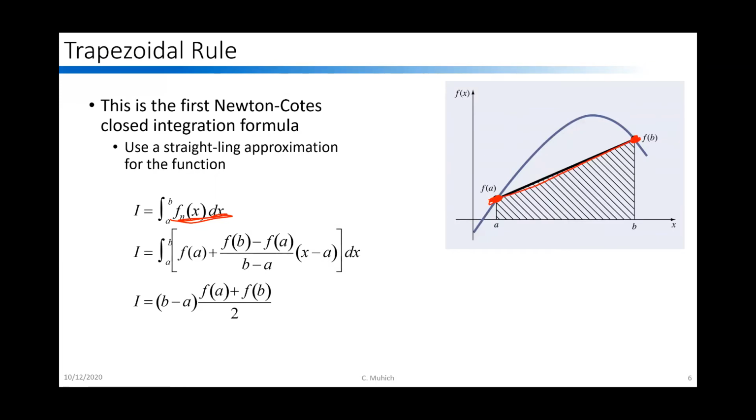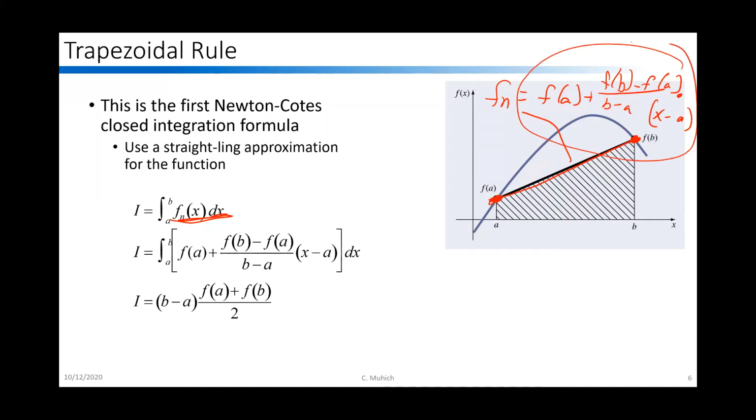Hopefully now we've become relatively good at fitting a straight line, and we can say that this straight line is the function f of a plus the slope, f of b minus f of a all over b minus a, times x minus a, right? Hopefully you're remembering that from our line fitting segment.